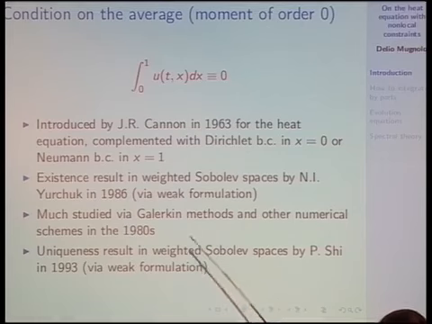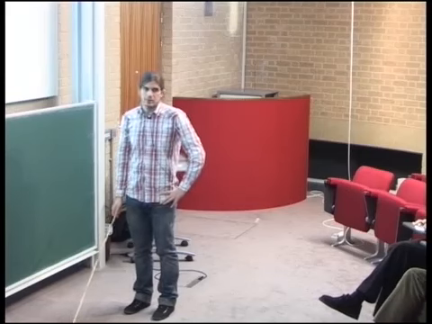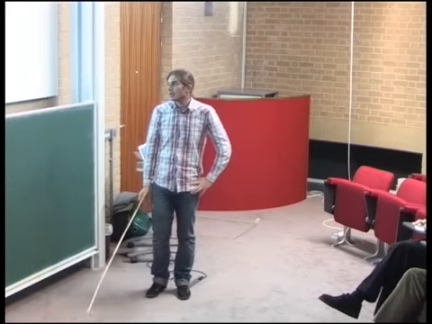Basically, the idea is to consider suitable test functions, integrate by parts in the parabolic cylinder, and get some a priori estimates, and then apply some compactness method. And this paved the road for several investigations based on application of Galerkin schemes.